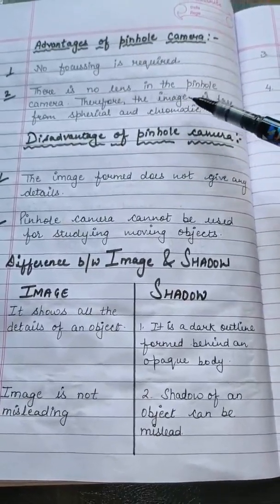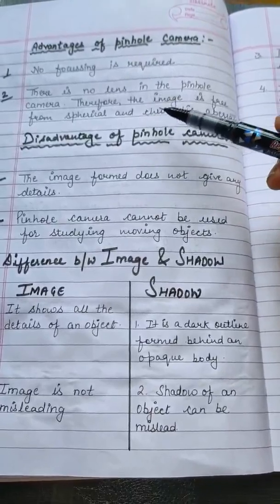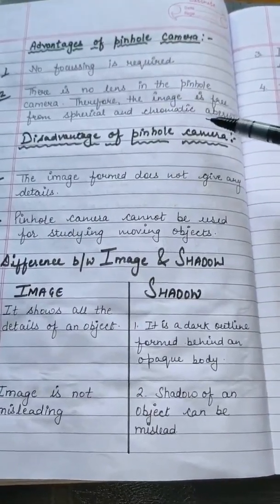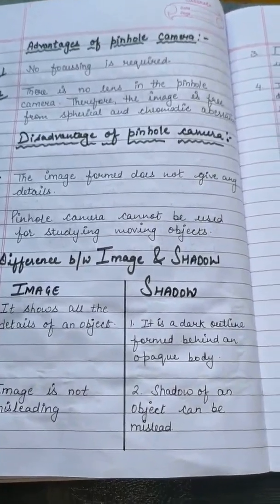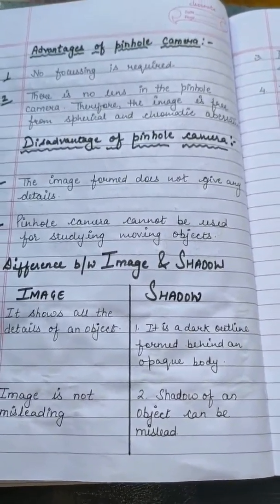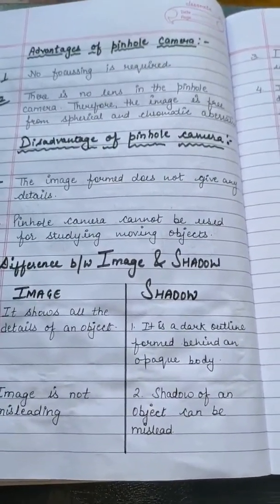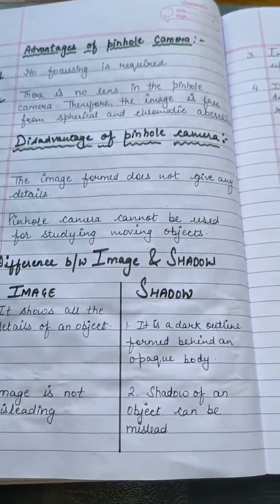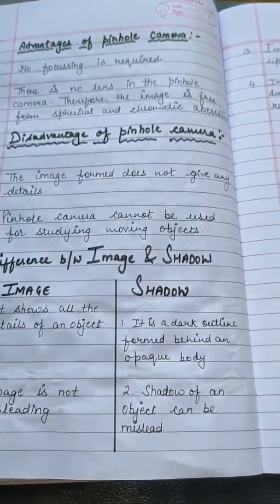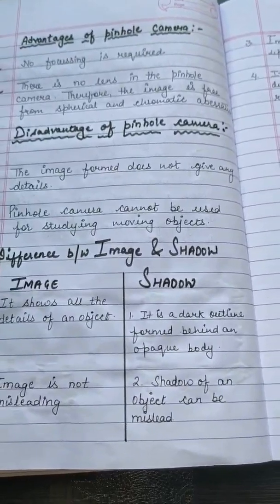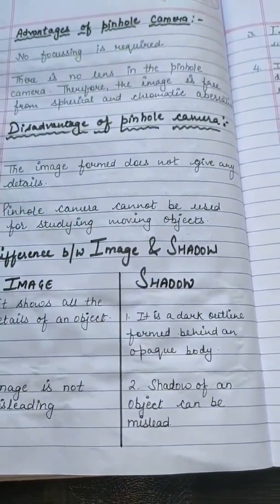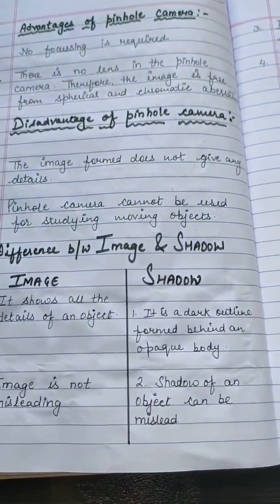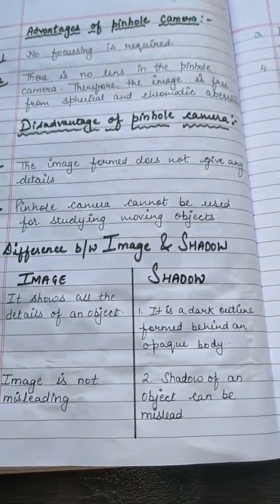There is no lens in the pinhole camera, therefore the image is free from spherical and chromatic aberrations. So there is no color distortion and no shape distortion in a pinhole camera.